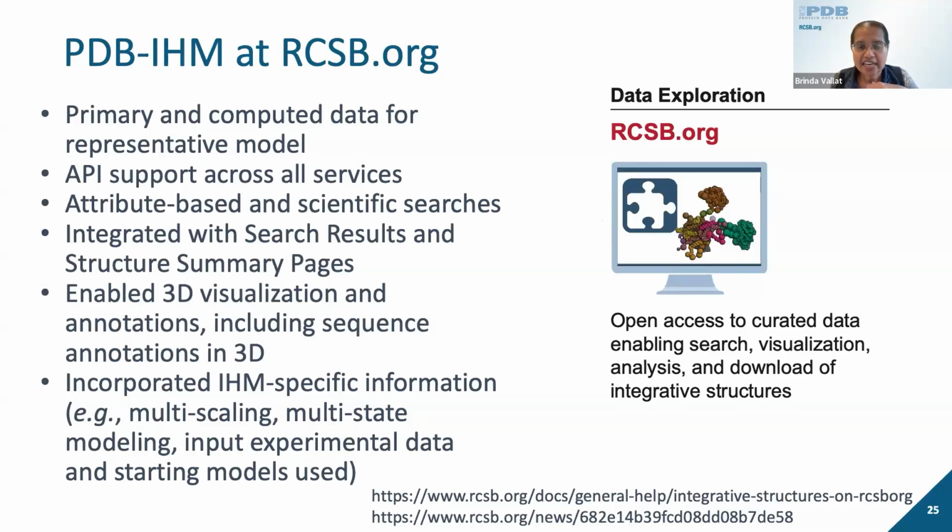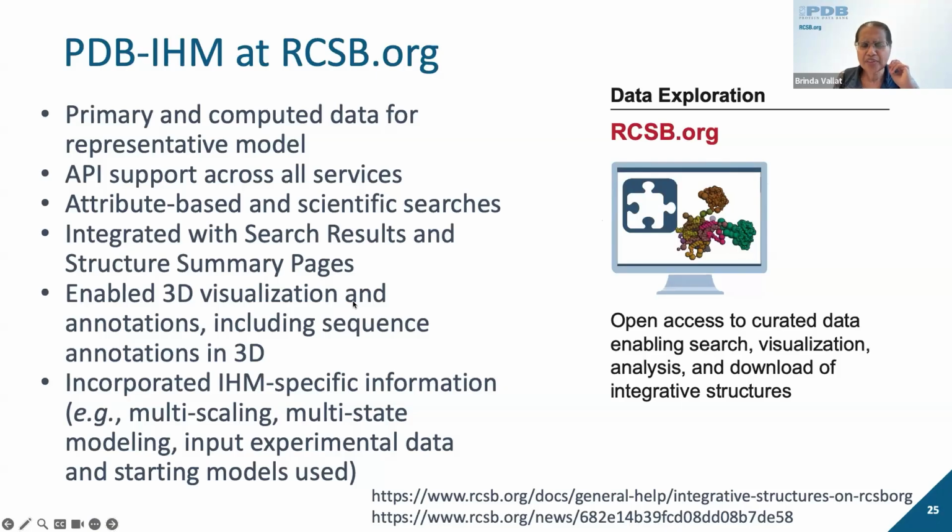Similarly, all the added annotations that you can find from external resources for experimental structures are also available for integrative structures. In addition, IHM-specific information, like multi-scale, multi-state structures, or experimental data like crosslinks and SAS, and how to find relevant information from other resources, is additionally incorporated for integrative structures.